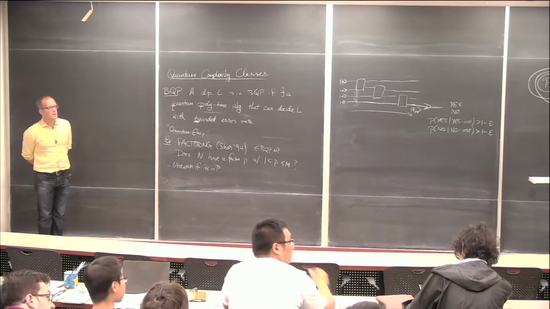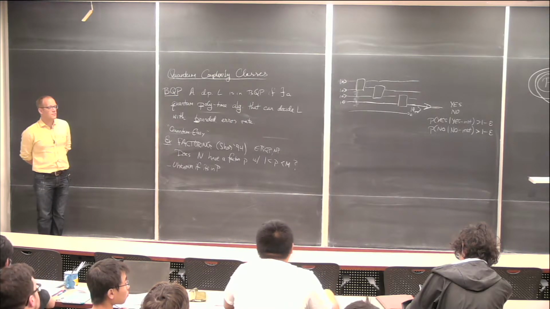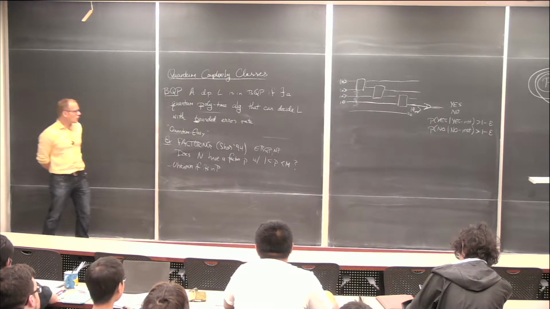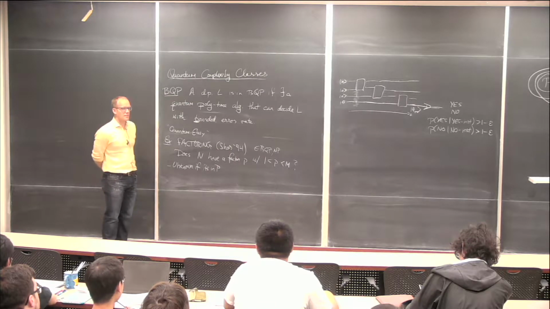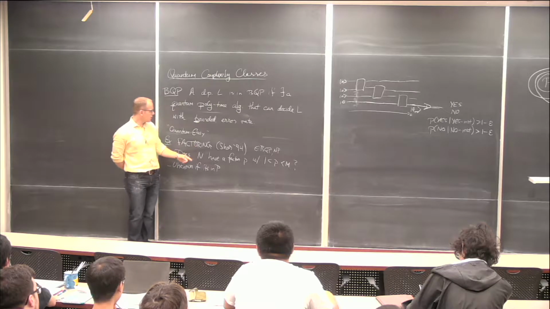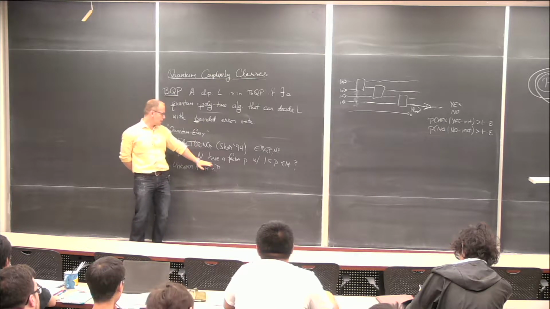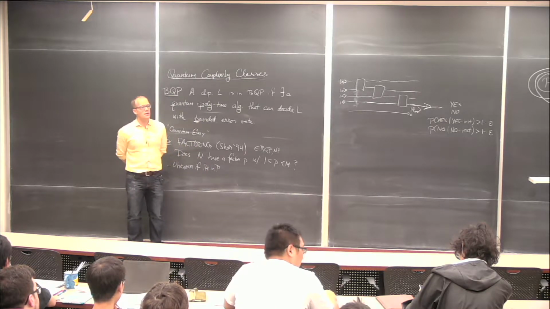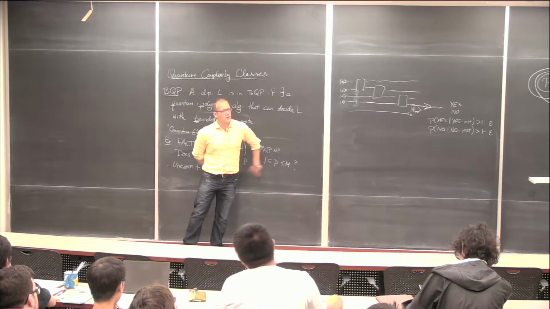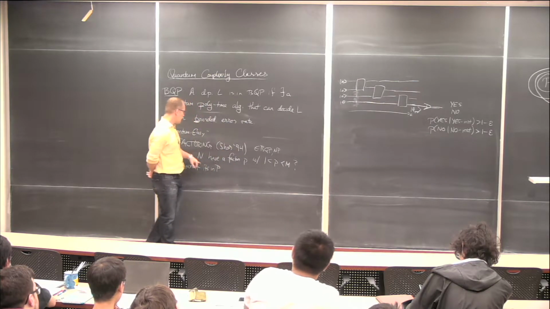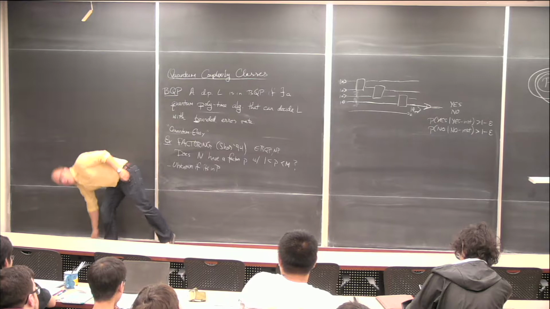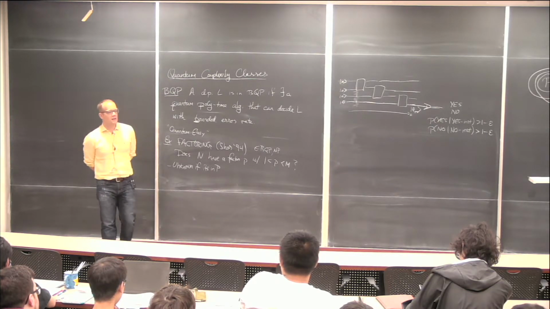I'm sorry, I don't see why factoring is not in P. Why can't you just take every number between 1 and n and try to see if it divides? So what's the input size? How many letters or bits do I need to specify an instance of this? Log n plus log m, if I specify it this way, and m's less than n, so basically 2 log n. Okay, so how many numbers do I need to check if I check every number between 1 and n?